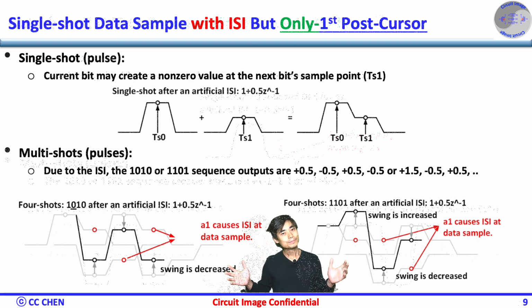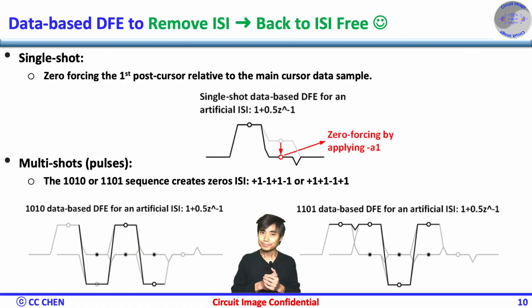What can we do? Correct. Remove the problematic first post-cursor completely by zero forcing, presumably in the single shot example. Once this is done, the multiple shots bit stream may get completely ISI free at the data sample again with a 2x sample input swing, which would improve the sampler's timing a lot.